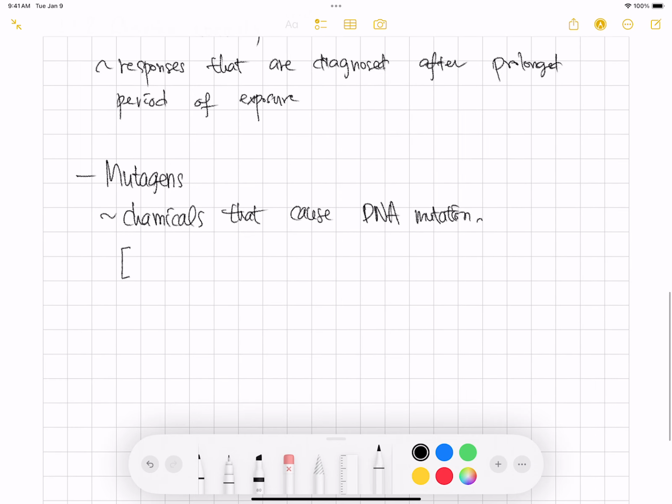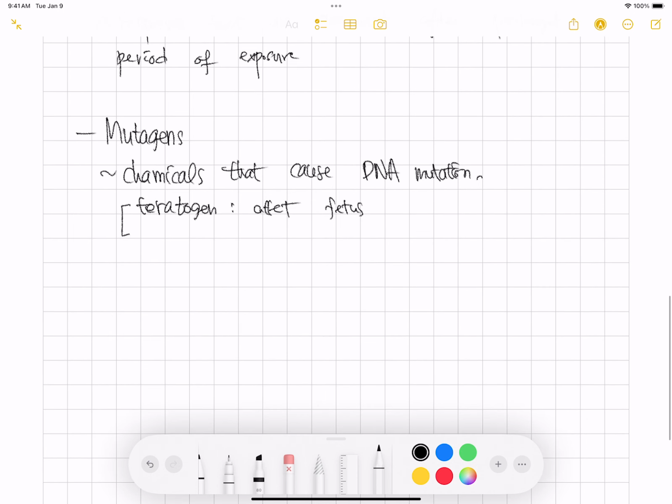They can be subcategorized into teratogens, which affect the fetus, or carcinogens, that cause cancer.